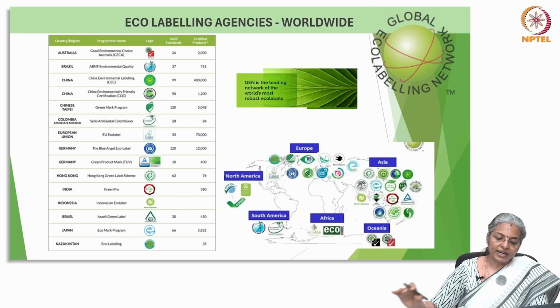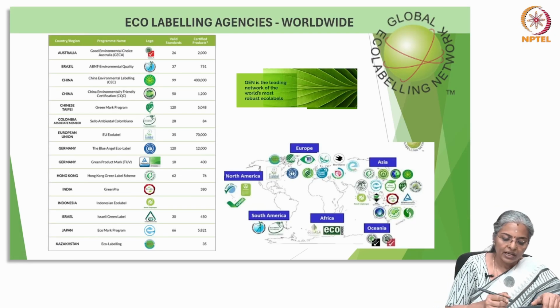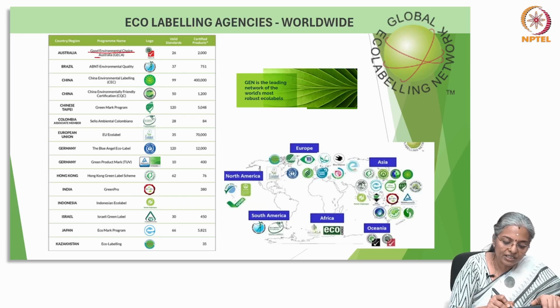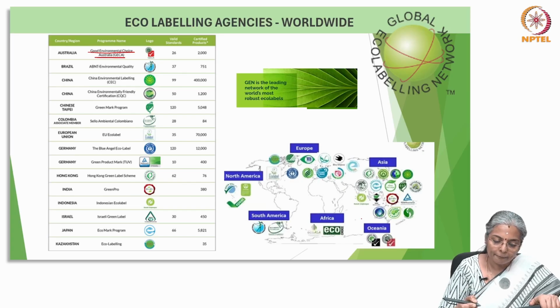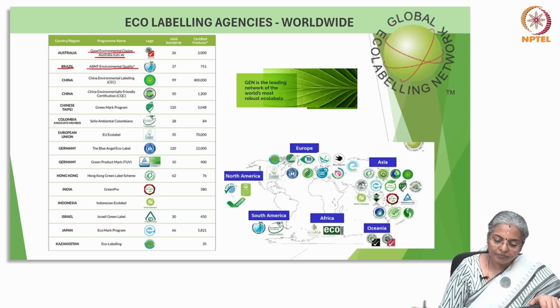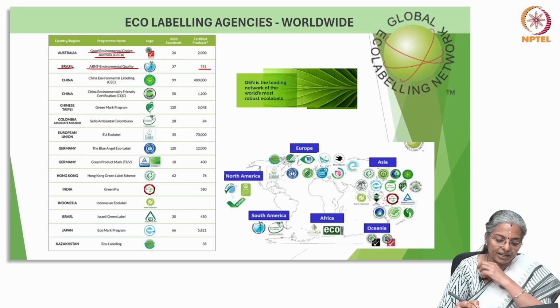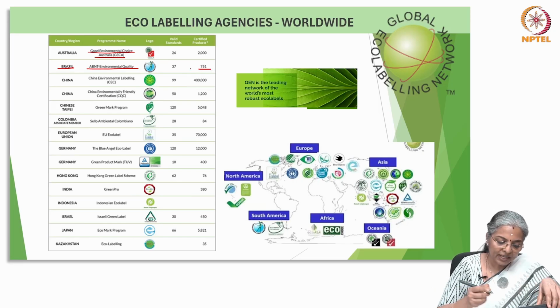So, what are these eco-labeling agencies worldwide known as? Worldwide there are various eco-labeling agencies. In Australia, it is called Good Environmental Choice Australia, GECA. In Brazil, it is called ABNT Environmental Quality, and they have about 751 products which have got this eco-labeling.